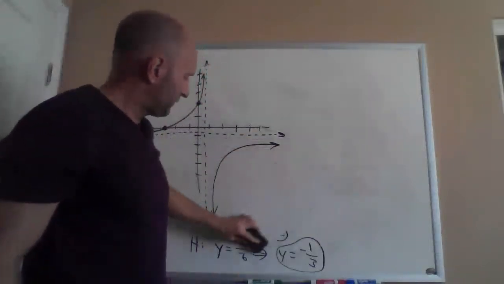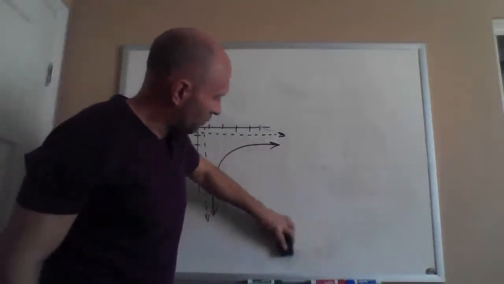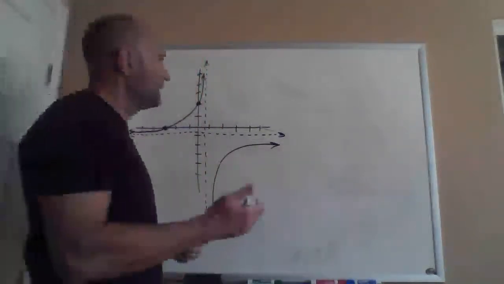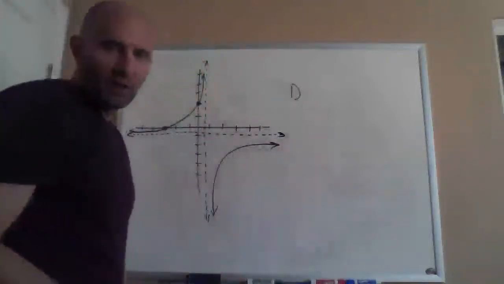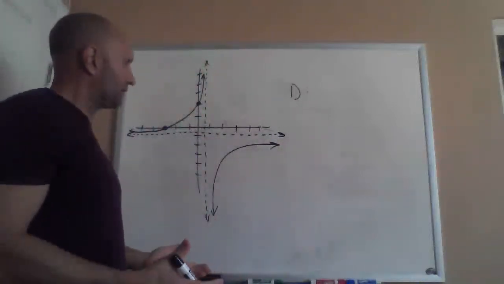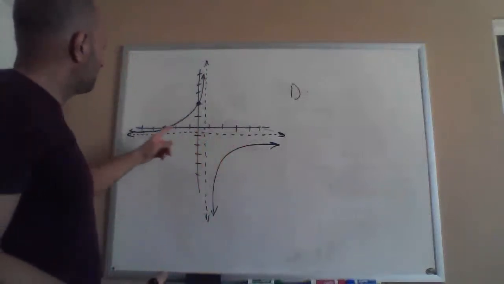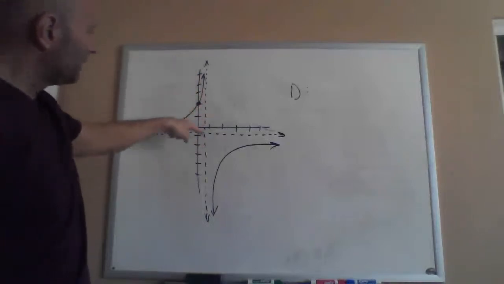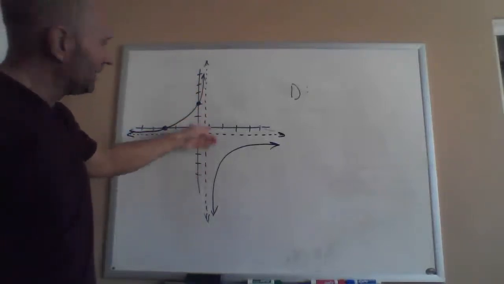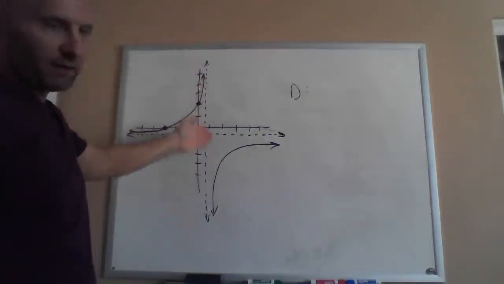So now that I have the sketch, now I can figure out what my domain and range end up being. So the domain is what? The domain is all the x values. So what x values do I have here? Well, I have everything from negative infinity up to what? Up to where this asymptote is. The asymptote's telling me no x values here.